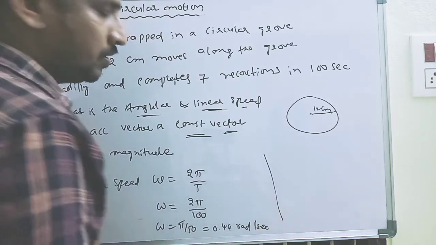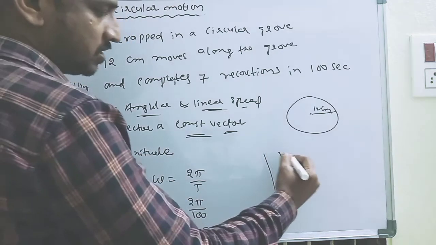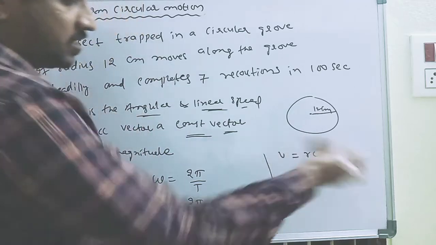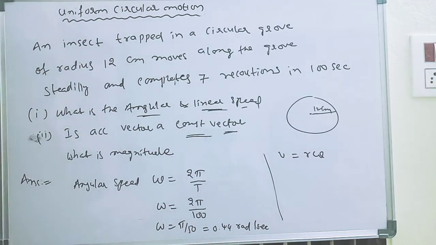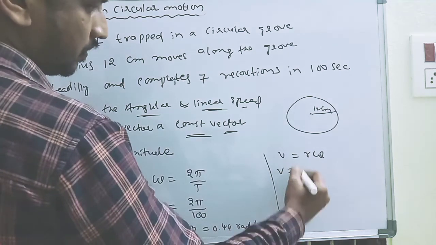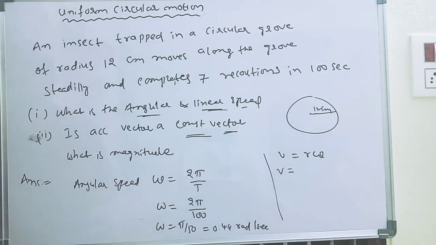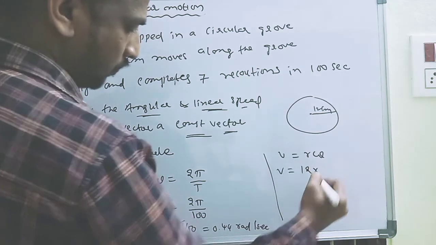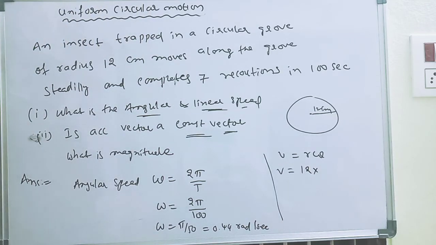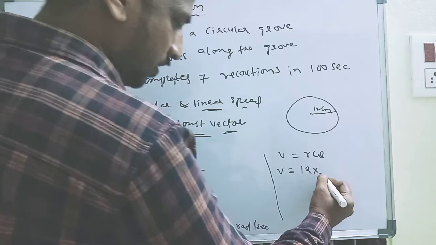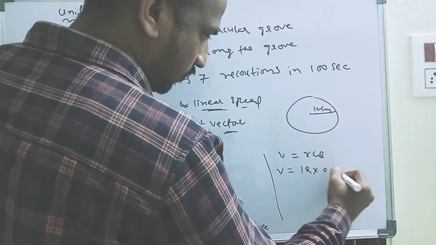What is linear speed? Linear speed V is equal to R omega. This is the relation between angular and linear speed. So what is the R value? R is equal to 12 centimeters. 12 into omega. What is the omega value here? That is pi by 50 or 0.44.